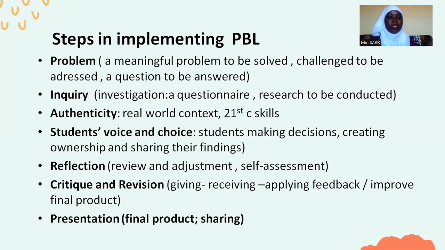And why authenticity? Authenticity also is important. When we talk about problem-based learning, we have real-world context. For example, we give them the topic and they go to their district and try to interview people or give them questionnaires. There is also the integration of 21st century skills.